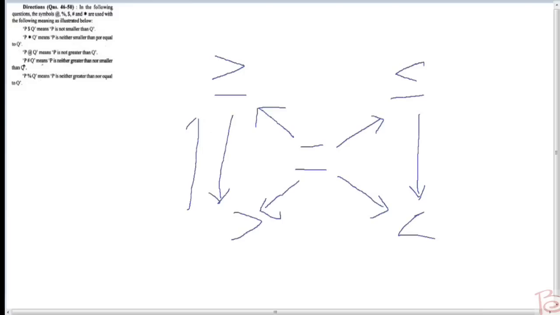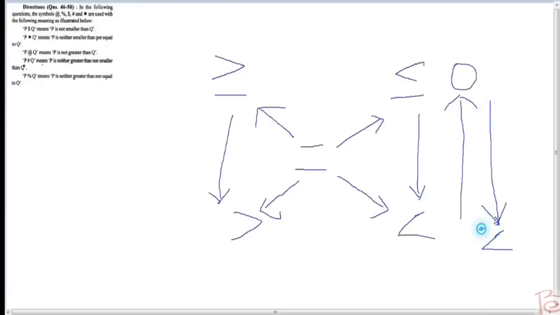Okay, for example, suppose I want to go from smaller than to smaller than and equal to, I can reach this place, but since it is in the opposite direction of the arrow mark, I have to come back.